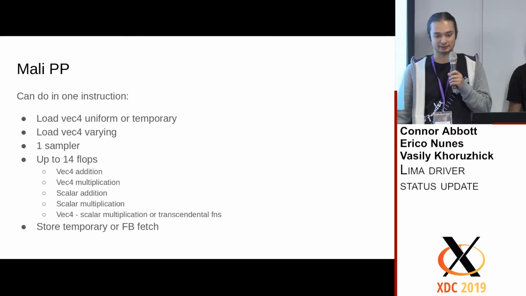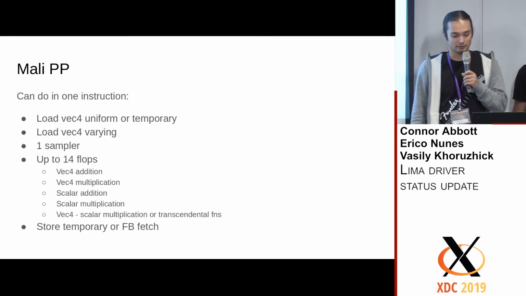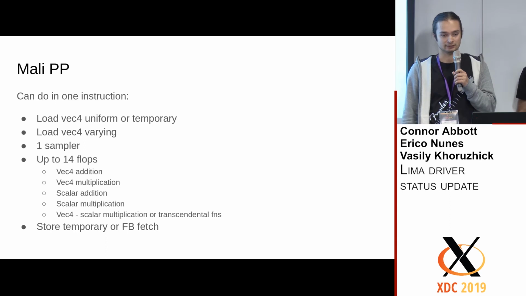So what can it do in one instruction? Well, it turns out that it can do a lot of things. It can load one VEC4 of uniform or a temporary. It can load one VEC4 varying. It can sample a texture. It can also do 14 floating point operations. So it has one VEC4 addition, one VEC4 multiplication, one scalar addition, one scalar multiplication, and there is also one VEC4 by scalar multiplication and some ops like sine and cosine.